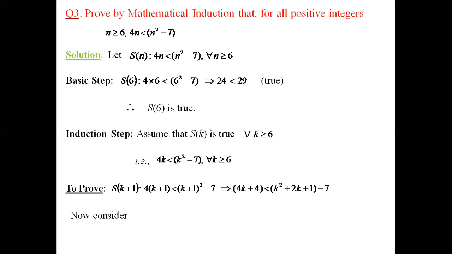So we have 4k plus 4 is less than k square minus 7 plus 4. Let us not add up these expressions, that is minus 7 and plus 4. We'll keep it as it is for convenience. I'll let you know soon why it is so.